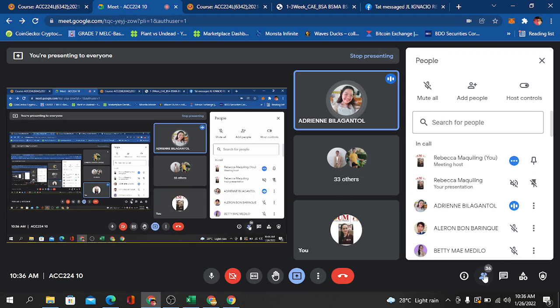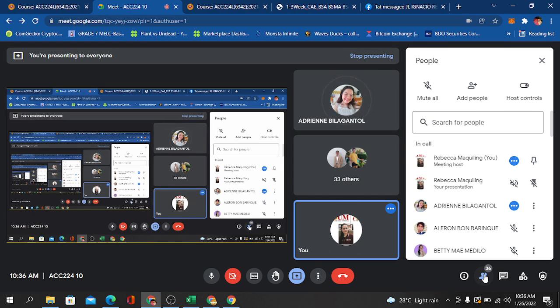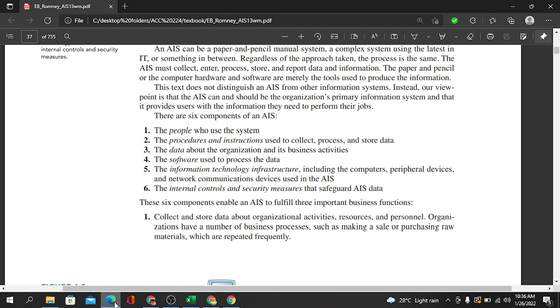Yes, ma'am. I think these 6 components are important since it comes from the data, which you can get from the people, and then you go to the procedures and instructions to collect, process, and store data. It depends on how you collect it, like interview or whatsoever, and then you get that data.